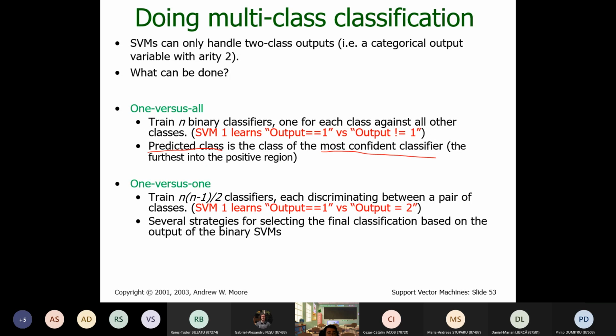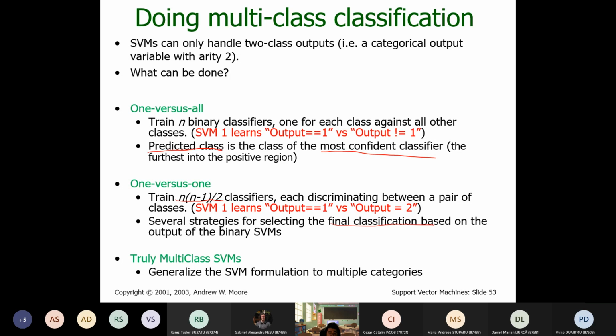You can use one versus one, so you'll have n multiplied by n minus 1 over two classifiers, each discriminating between a set of two classes, and then you will need several strategies for selecting the final classification.